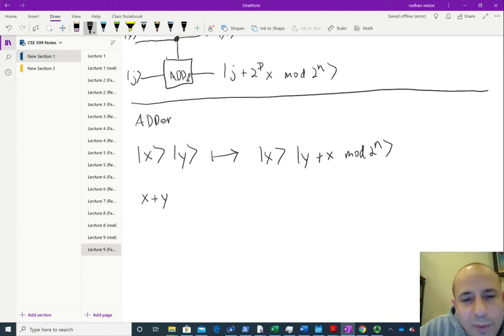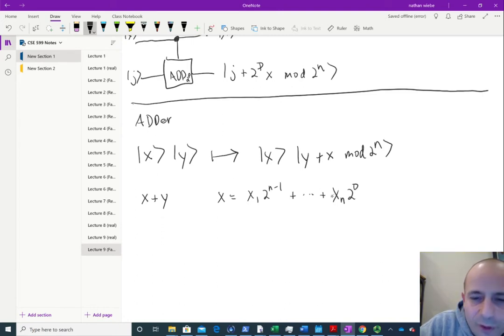Okay, so we're going to begin by writing x is equal to x1 times 2 to the n minus 1 plus all the way down to xn 2 to the 0. Okay, great.